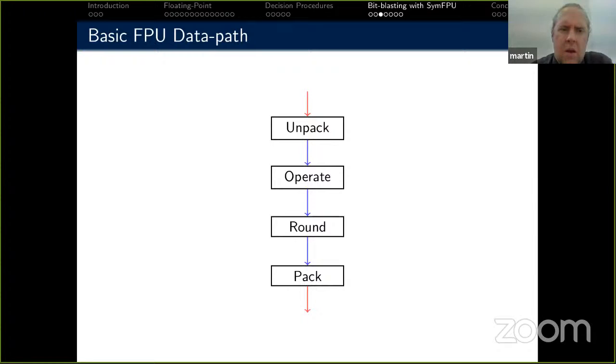I think SymFPU is the only encoding that does that. And it doesn't sound like it would save you a lot, but what it means is you can make the pack and unpack quite large and expensive because you rarely need to do it. And so sometimes there are trade-offs where if you make unpack more complex, you make the operator simpler.